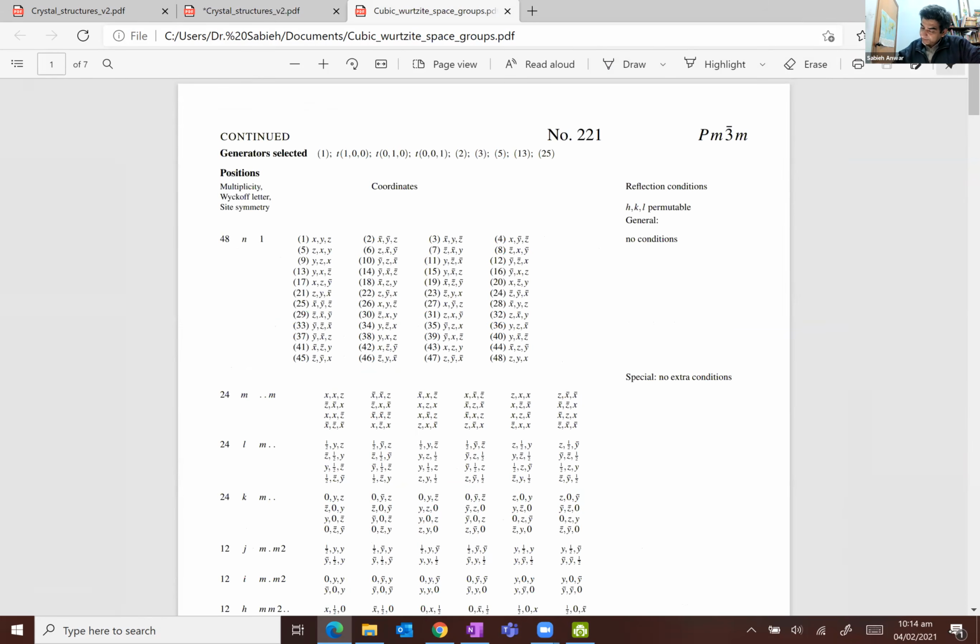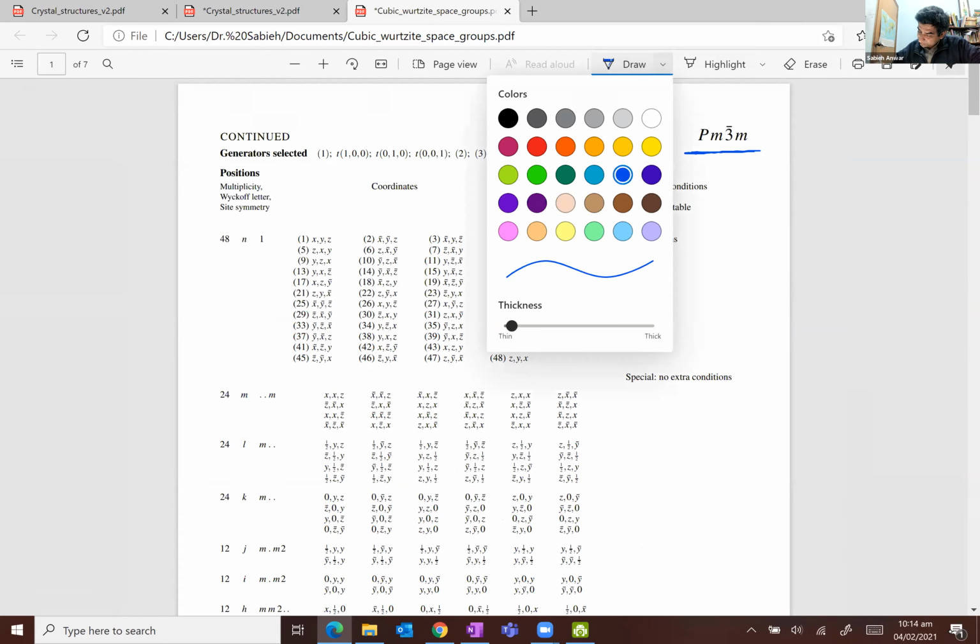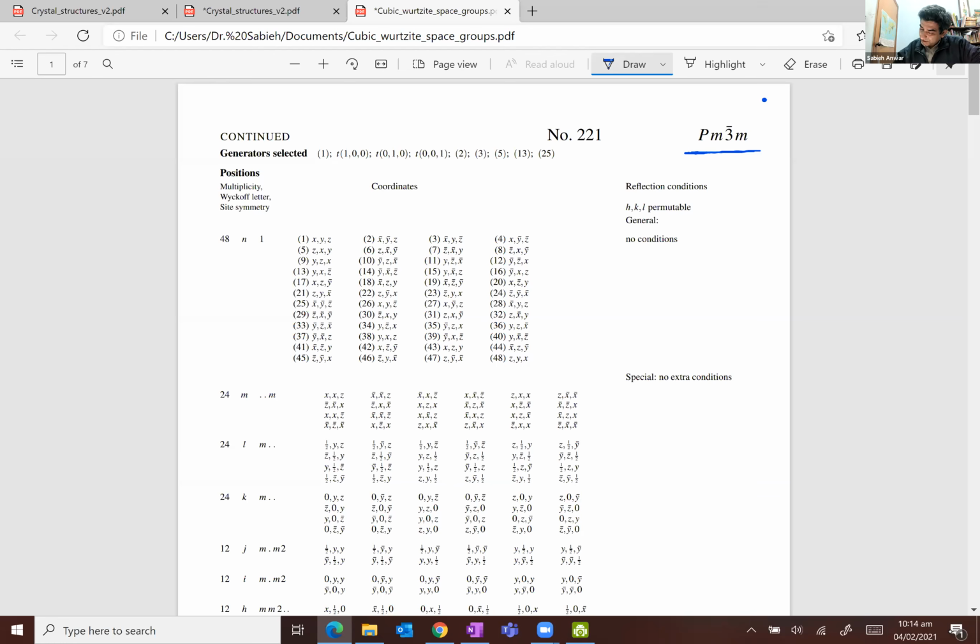All right, so this is the PM 3 bar M space group. Sorry, I'm a bit slow today because I'm not used to marking PDFs. So we're talking about polonium first.